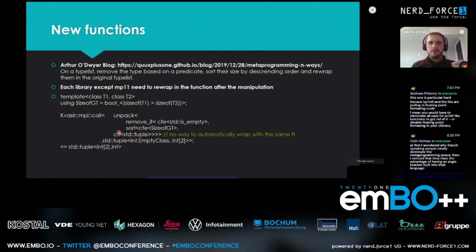That's not very good, because if I change the inputs to variant, it will again unpack it, remove all types that are empty, then sort them, and then it will wrap them inside tuple. That's a big problem because that's not the original type list. The answer in this case is a std tuple of int, int. But the problem is that the function contains a dependency on its type, and I wanted to solve that.